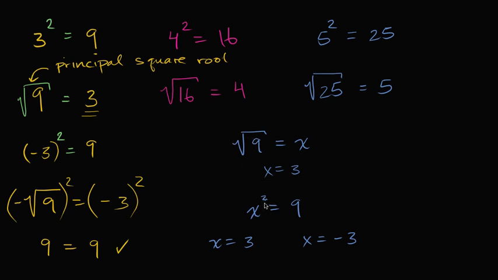So these two statements are almost equivalent, although when you're looking at this one, there's two x's that satisfy it, while there's only one x that satisfies the other, because it is the positive square root. If people wanted to write something equivalent where you would have two x's that could satisfy it, you might see plus or minus square root of 9 is equal to x. And now x could take on positive 3 or negative 3.